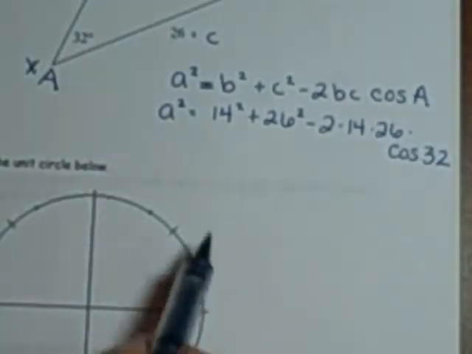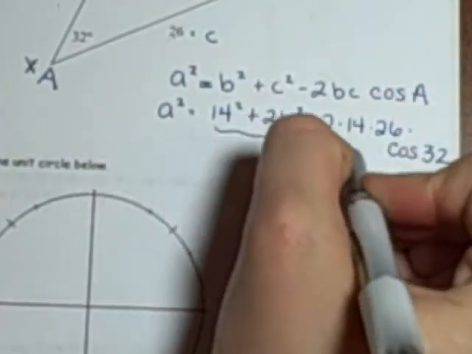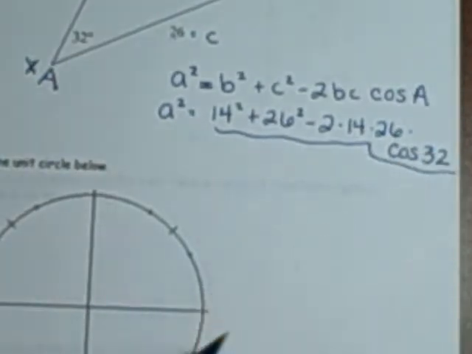Okay. Now the nice thing is, because my variable is over here by itself, and I have all numbers over here, this whole thing can go straight into my calculator. And again, I recommend doing it all in one shot so that order of operations is not a problem.